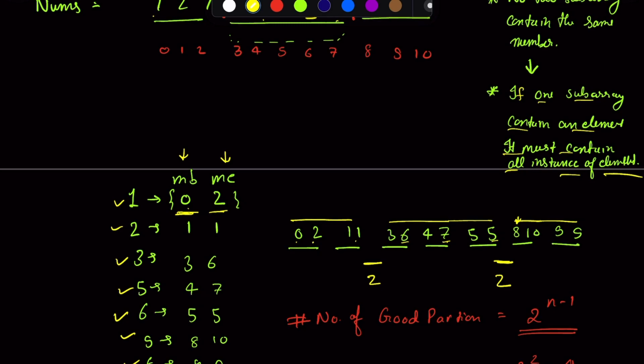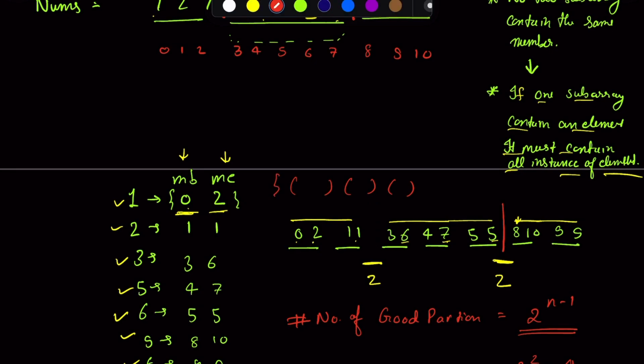The next step is finding the number of good partitions. Once you look at this, if you have three subarrays, you will have two places for you to add a partition. If you add a partition here and here, your answer will be this and this.